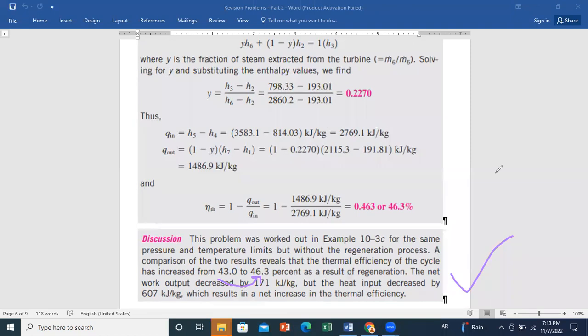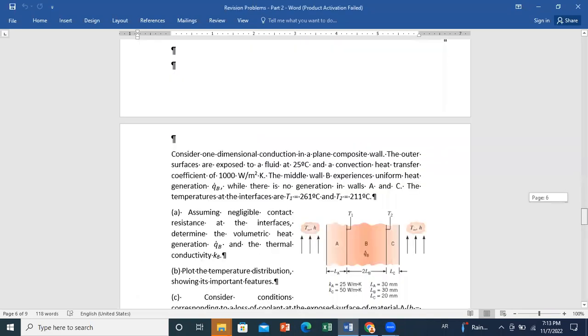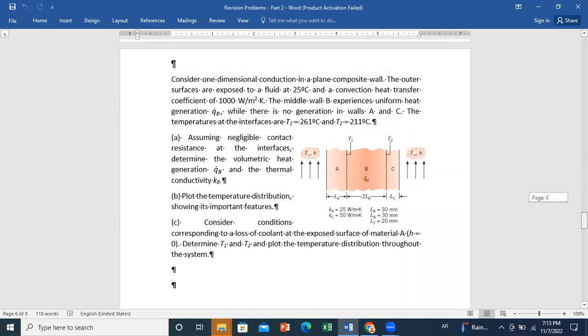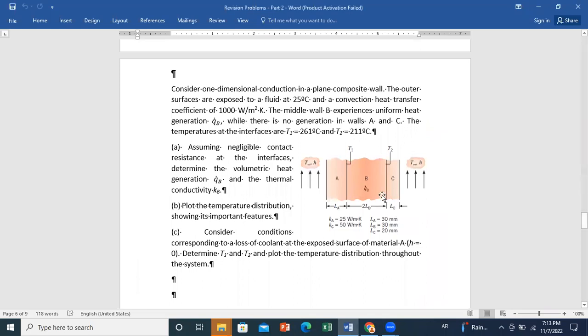I will do another revision problem that, if you want, includes both chapters 2 and 3. So how we apply the energy balance plus the knowledge of heat transfer by conduction and convection that we learned in the first chapter. So let us consider the following one-dimensional conduction in a plane composite wall.